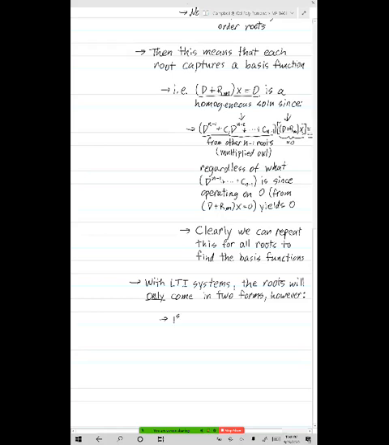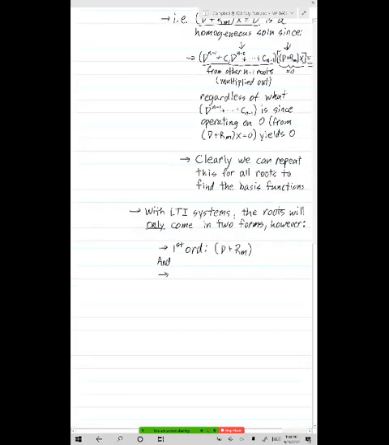But let's go ahead and just work with this idea that we have first order roots, which of course is the one we just saw. Here again, I'll capture it as D plus Rm. And then we'll also say that there are second order roots, though we only really need first order roots provided that we allow those roots to be complex. That's it.